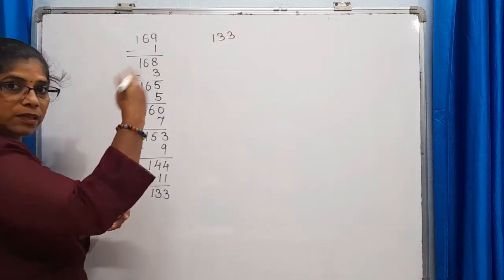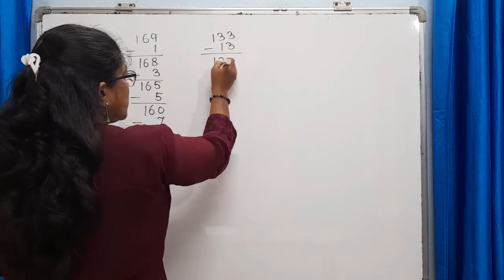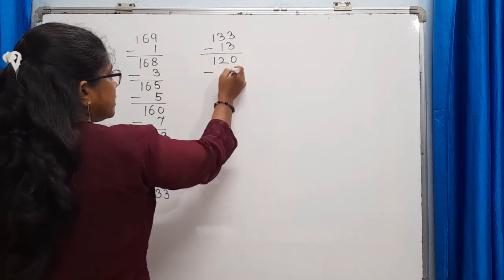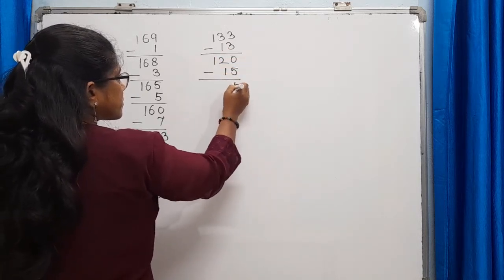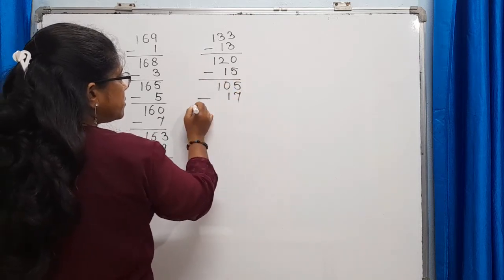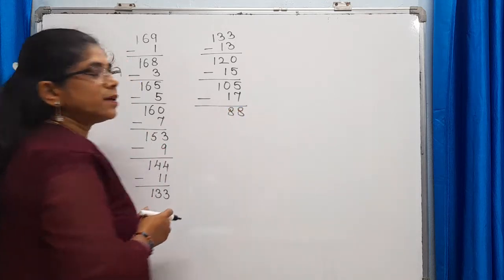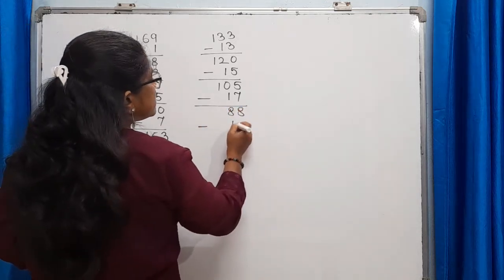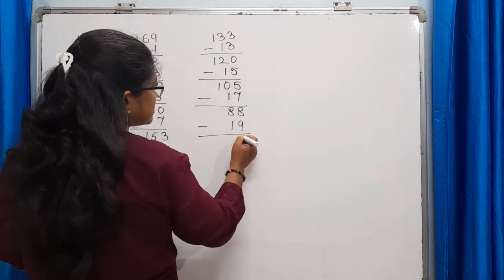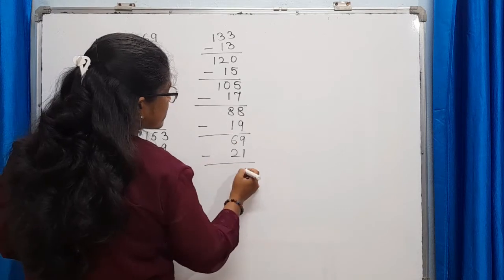133. After 11, next odd number is 13. 120. Less 15, 105. Less 17, 88. Less 19. Less 21.